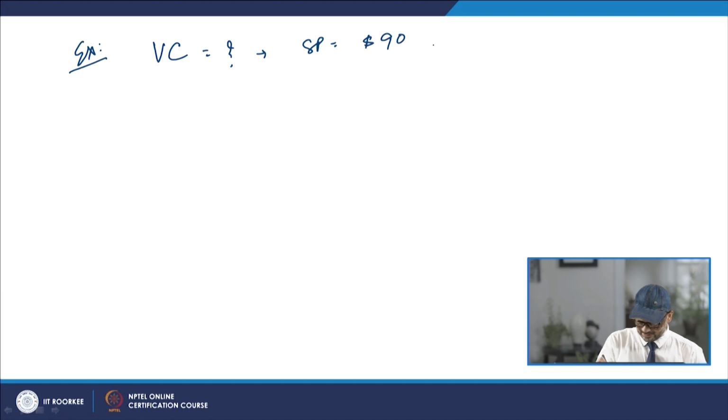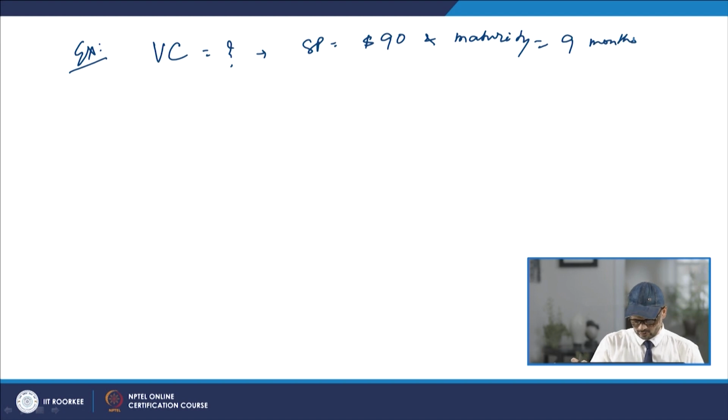Suppose you have an example where you have to calculate the value of a call option, and the strike price is given as 90 and maturity is 9 months.